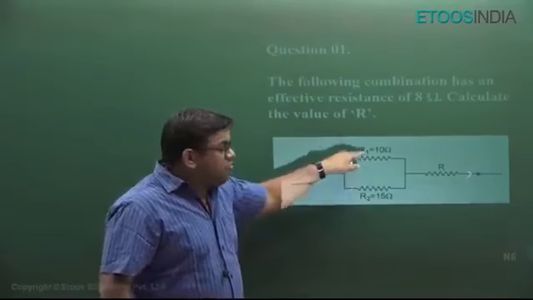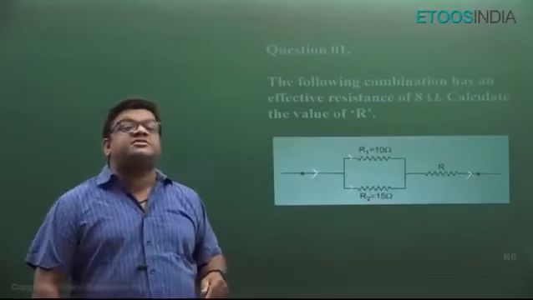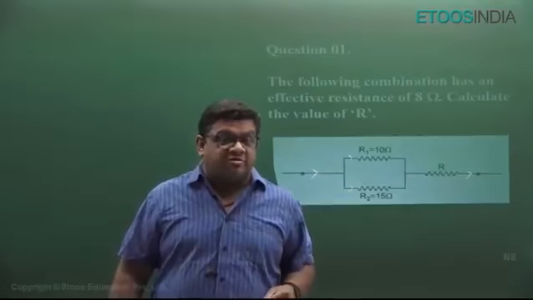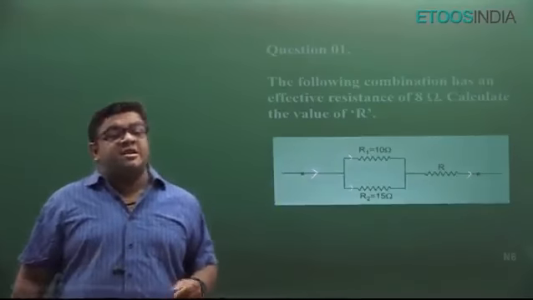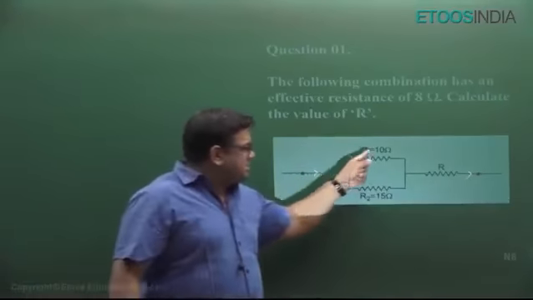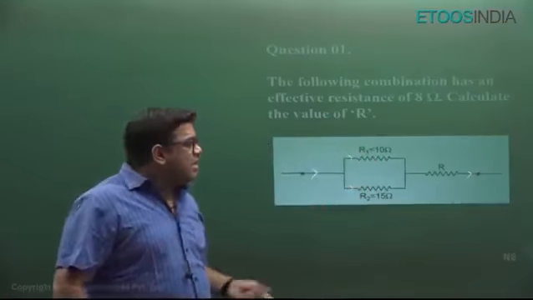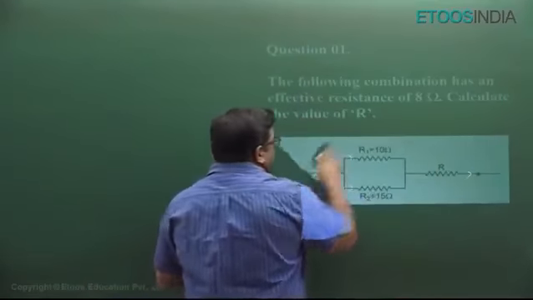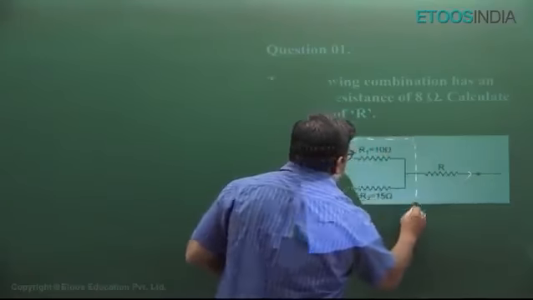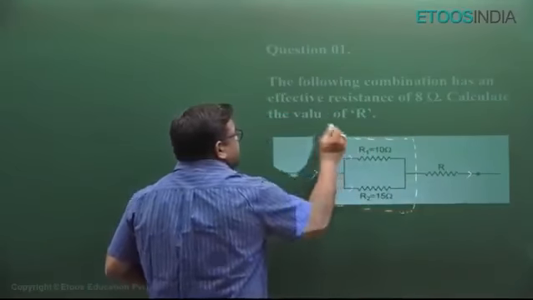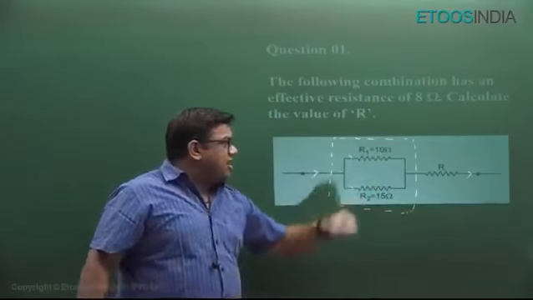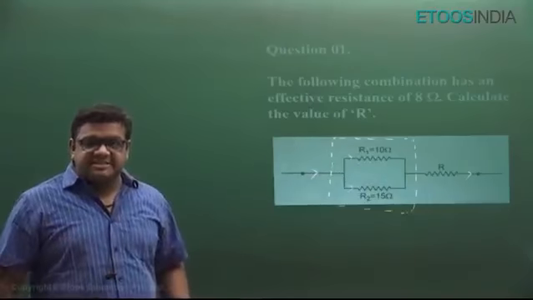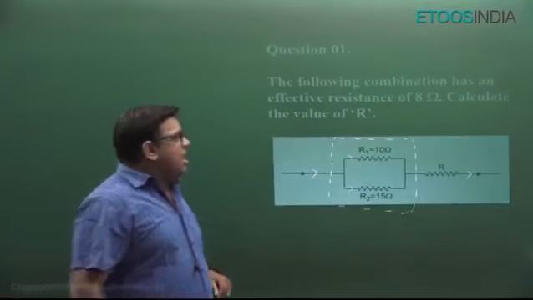Remember that I told you, if there is more than one way for the current, that means they are connected in parallel. So we'll say that these two are connected in parallel. Again, when we move forward, this particular set, as we can see, is connected with R in series. Got it? So let's see how to solve this.